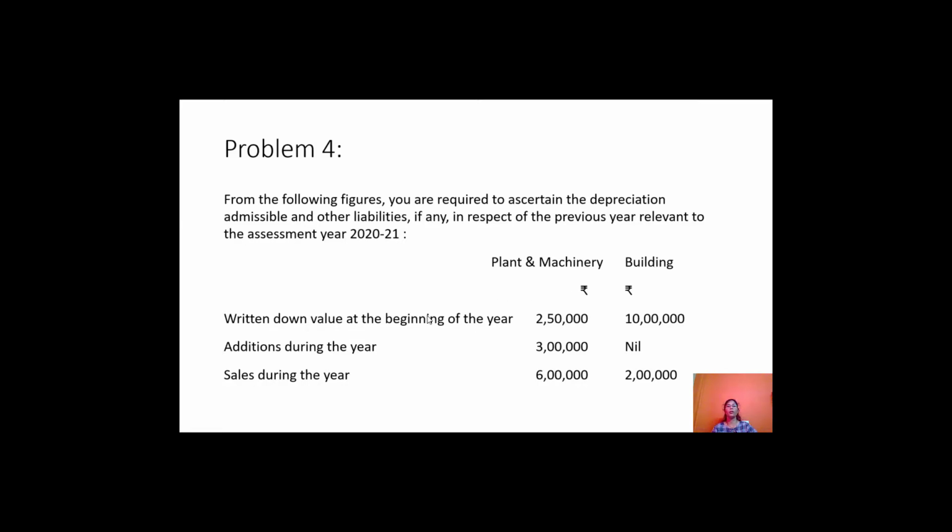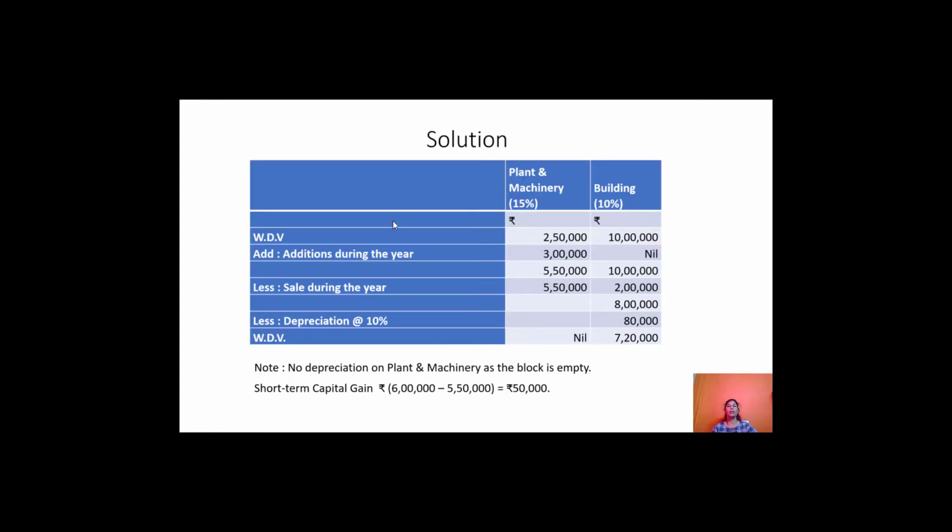So written down value at the beginning of the year is given, additions during the year is given and sales during the year. So we are considering written down value, add additions, less sales, that will be the written down value, and then charge the depreciation. So let us see the computation. Block of asset, the first is plant and machinery, 15% depreciation, and buildings 10% depreciation.